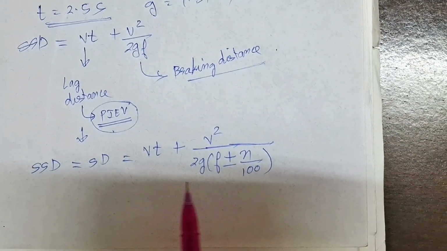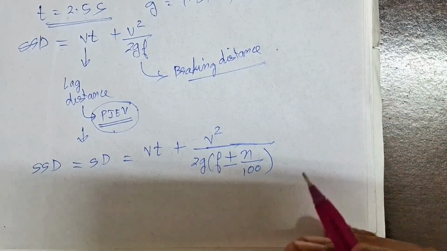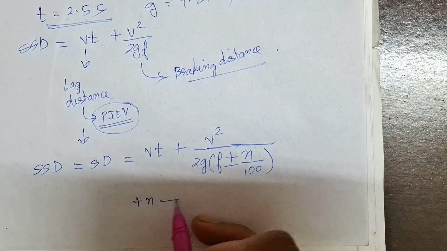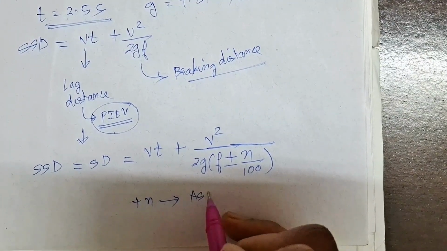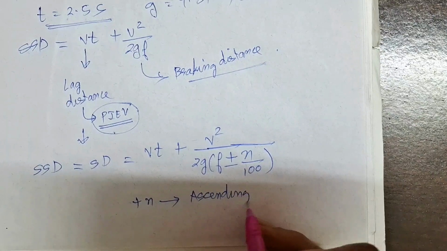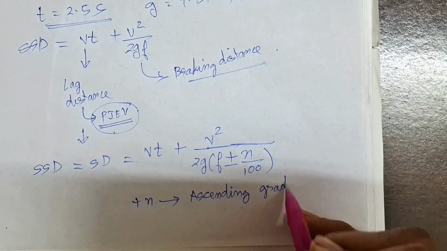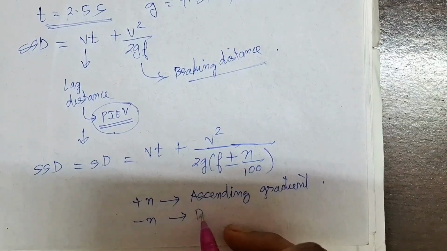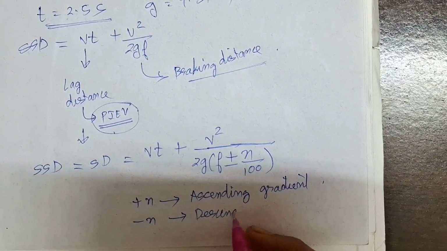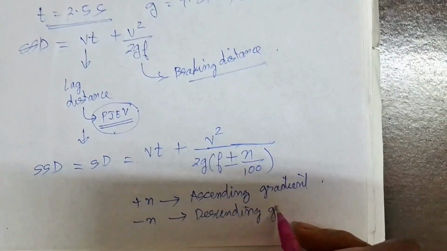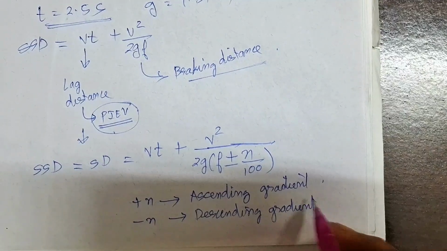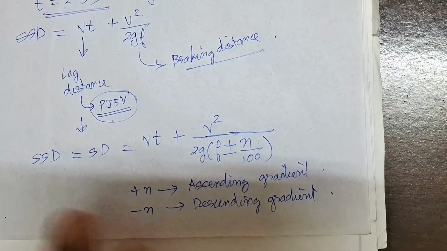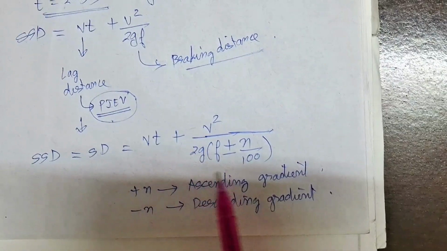If it is an up gradient or ascending gradient, we have to use plus n, and we have to use minus n in descending or downward gradient. Is it clear? SSD is the same thing, Vt plus V square by 2gf.